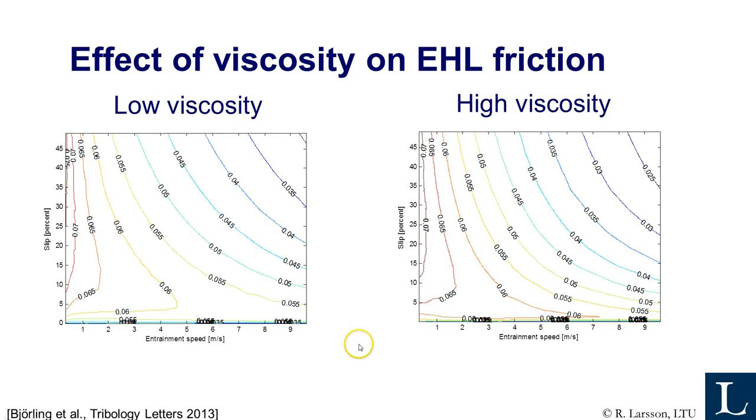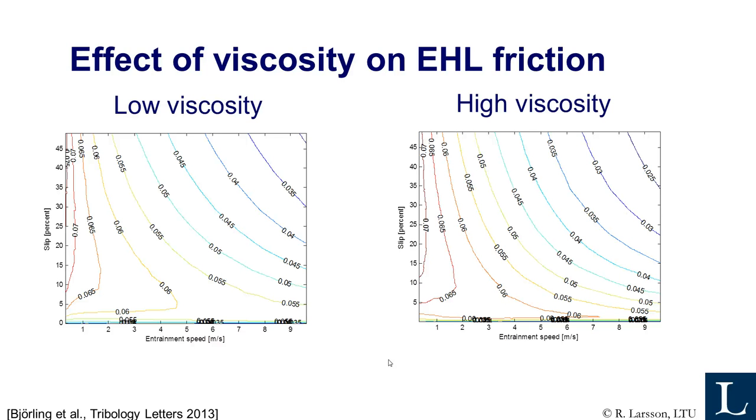We have made these friction maps to study different effects, and one effect is of course viscosity. As we discussed before, the trend is to try to reduce the viscosity of the gearbox oil, since low viscosity will give you lower splash losses. And you may then also assume that low viscosity will give you lower losses in the gear contact.